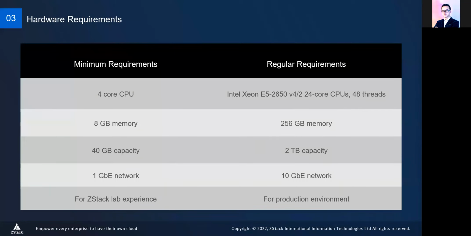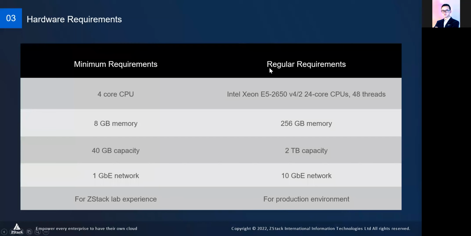Before you install ZStack, you must have a minimum hardware environment. The minimum requirements are very simple: 4-core CPUs, 8GB memory, 40G capacity, and a 1G network. But this is only for lab experience. This environment allows you to even install ZStack on hardware like your laptop.